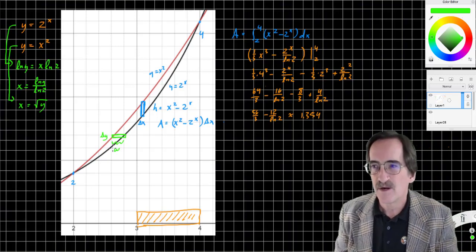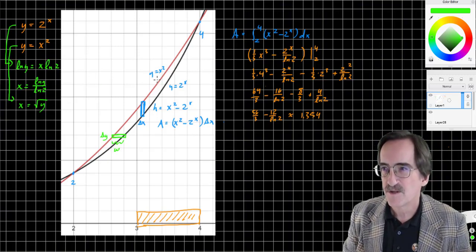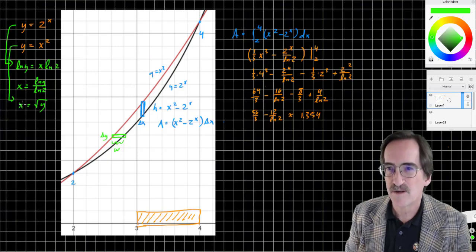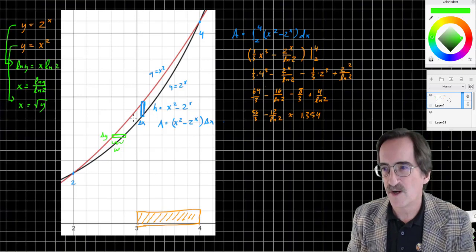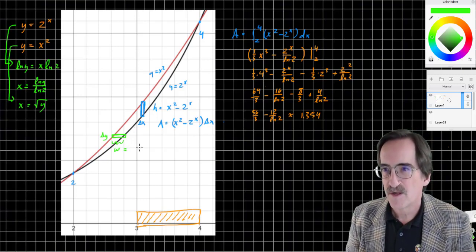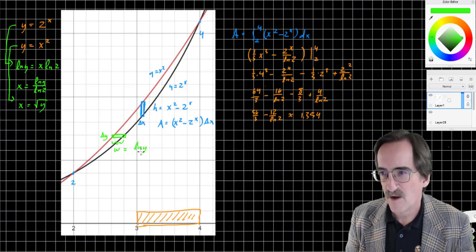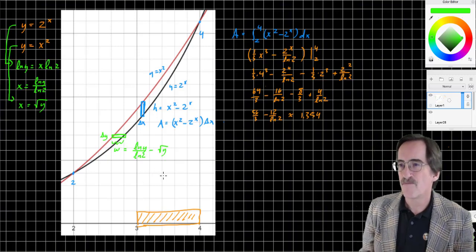So, all right. And which one is which? The red was x squared. So the red is x equals root y. So the width is going to be ln y over ln 2 minus root y.